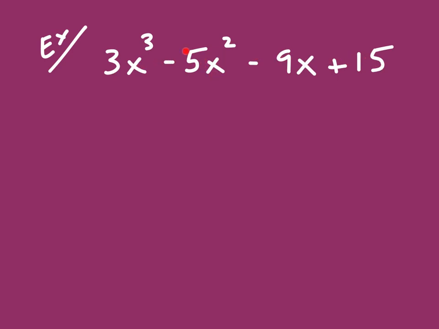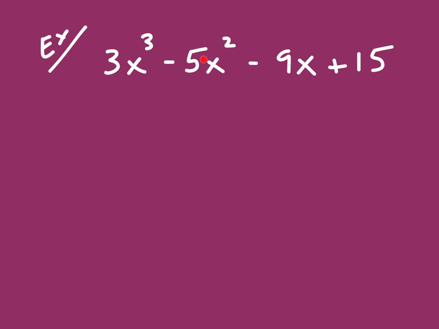In the next example, same thing: you've got four terms. Your largest exponent is 3, 2, 1, and then no variable term. I can't factor out a greatest common factor right off the bat, so we're still going to do this with factoring by grouping. The problem is the third term: when you're subtracting it, the signs can get all screwed up.